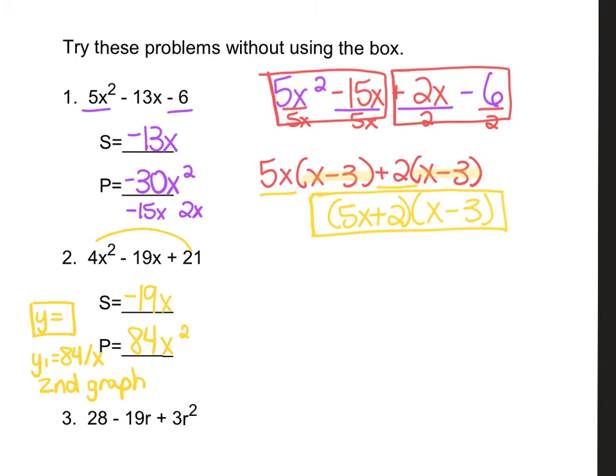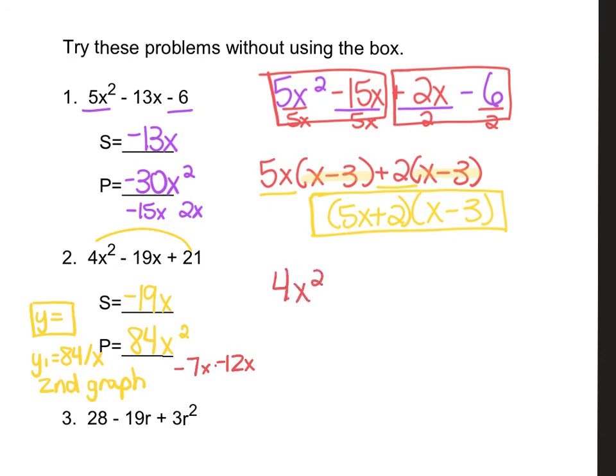So if you look through the list, you'll see that 7 and 12 are both factors of 84. Well, if I make them both negative and add those together, I would get negative 19x. If I multiplied two negatives, I'd get my positive 84. So negative 7x and negative 12x are going to go in my blanks.